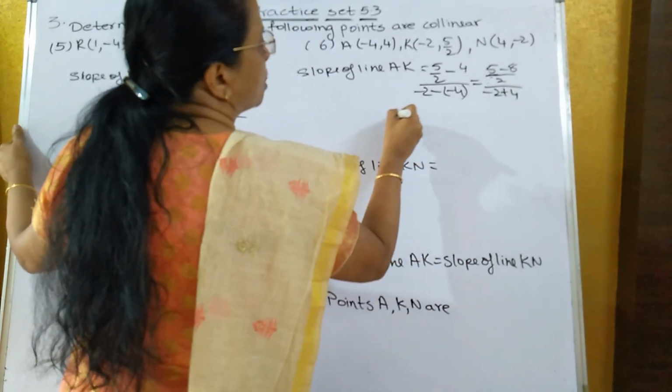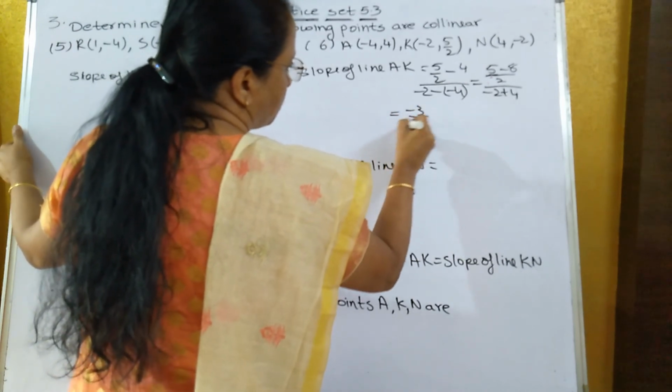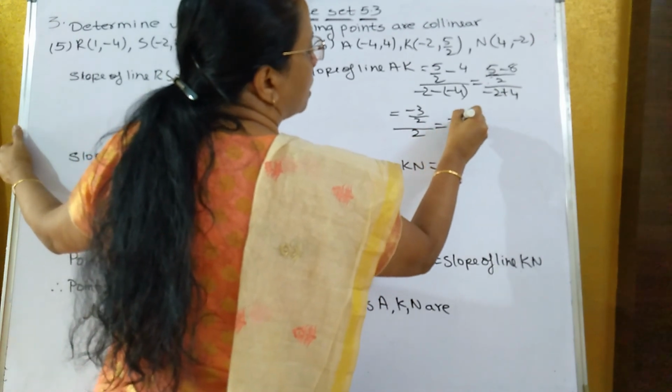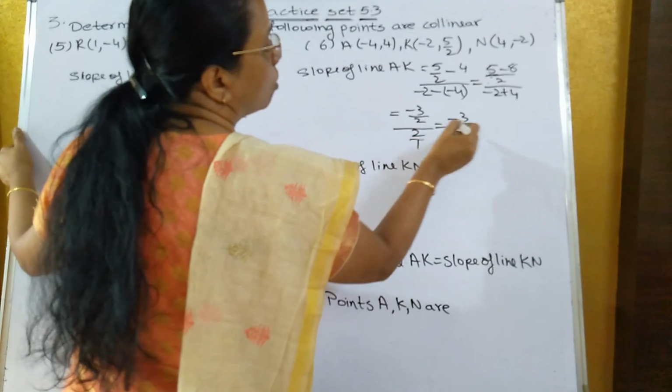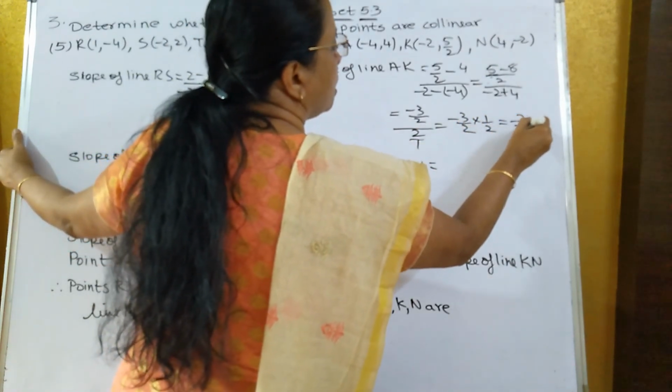So that is equal to how much? 5 minus 8 is minus 3 upon 2, upon minus 2 plus 4 which is 2. So minus 3 upon 2, when this 2 goes up, this is 2 upon 1, so it becomes 1 upon 2. So that's equal to minus 3 upon 4.